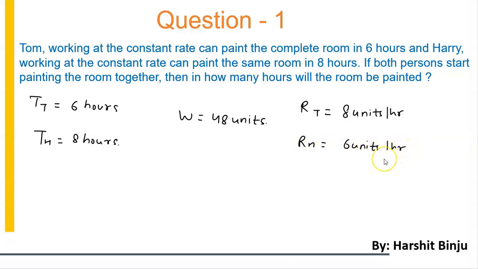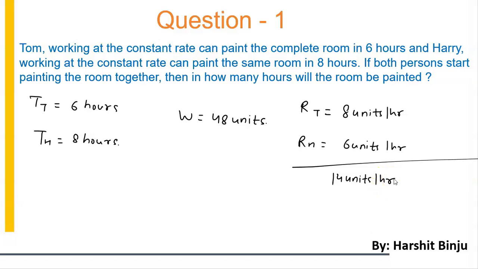If both persons start painting the room together, in how many hours will the room be painted? Now, if they both are working, we can say that in total they will be doing 14 units in an hour, 8 by Tom and 6 by Harry.